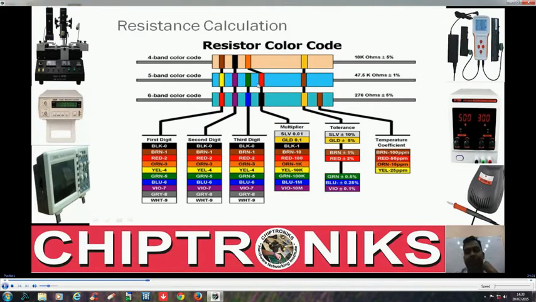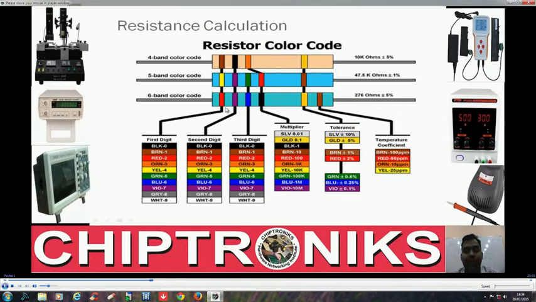Red is 100, so 475 into 100, plus minus 1%, this is the tolerance. 475 multiplied by 100 plus minus 1% is the same as 47.5k ohms plus minus 1%. All right, you got it? Or you can also write this as 475 into 100 ohms plus minus 1%.